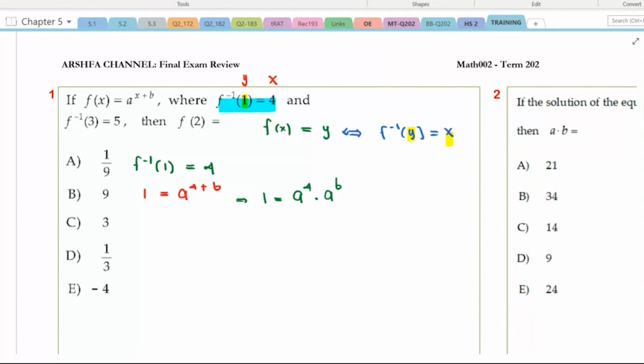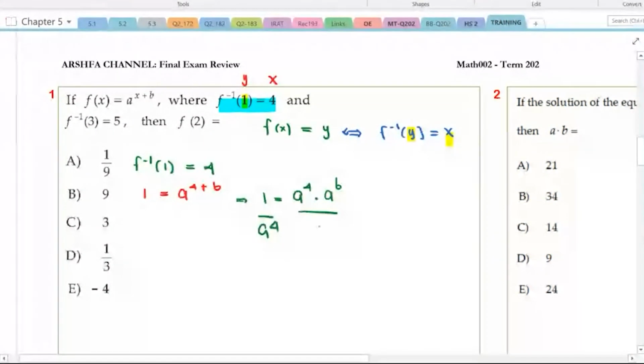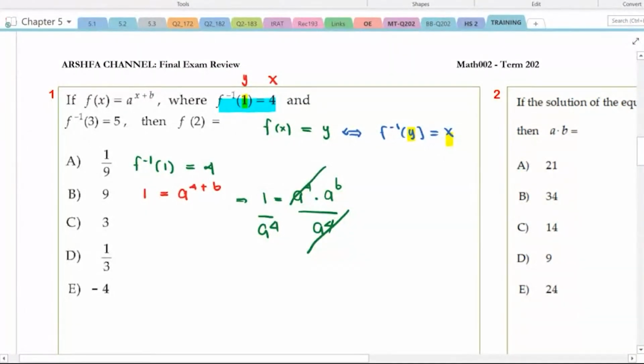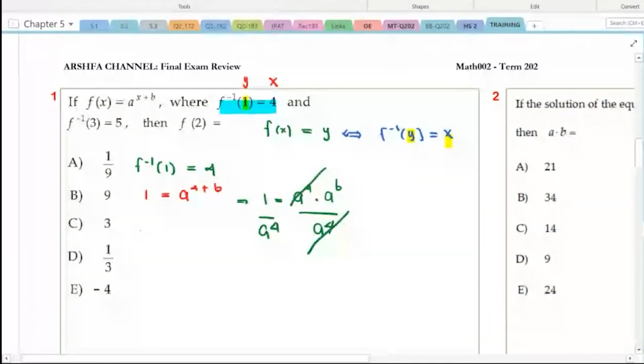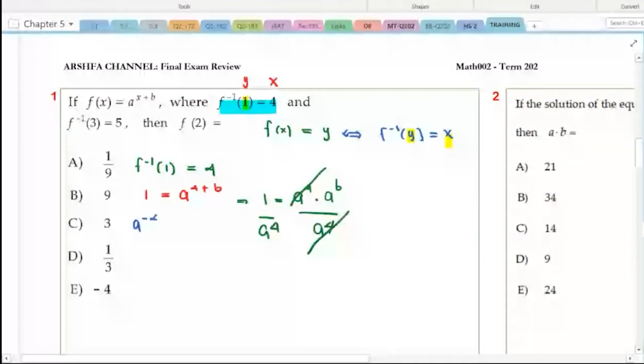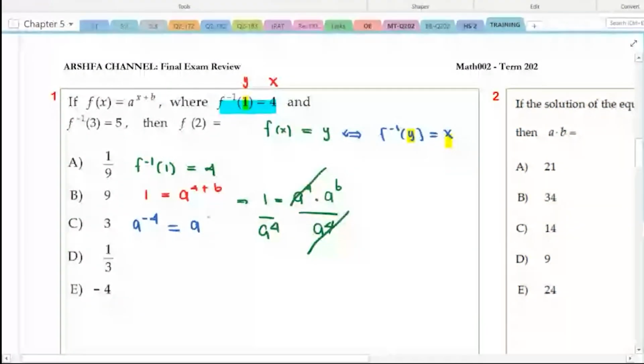I mean here, divide by a to the power of 4 and divide this by a to the power of 4, so that a to the power of 4 and a to the power of 4 will cancel each other. And if that is the case, then we can write this one as a to the power of minus 4, because 1 divided by a to the power of 4 is going to be a to the power of minus 4, which is going to be equal to, gentlemen, a to the power of b.